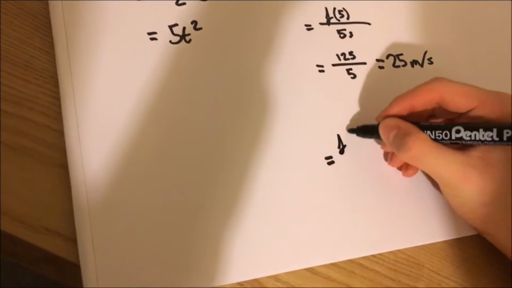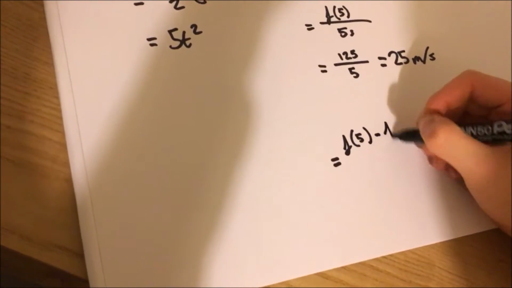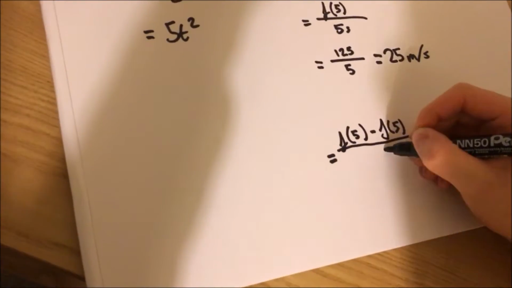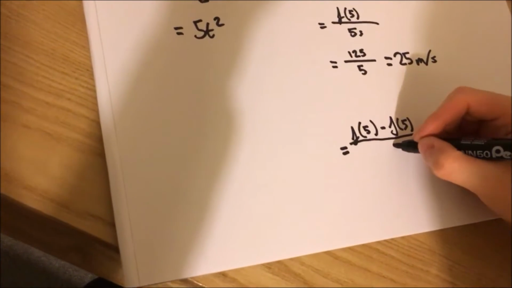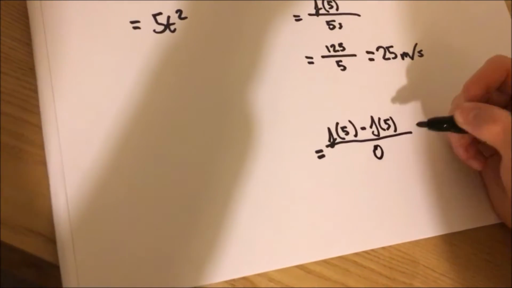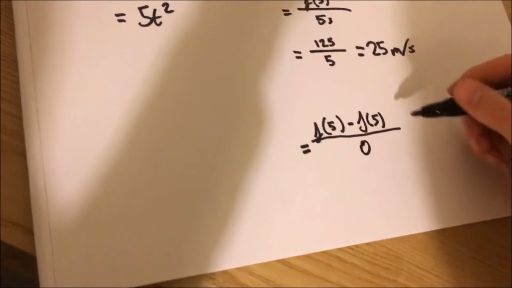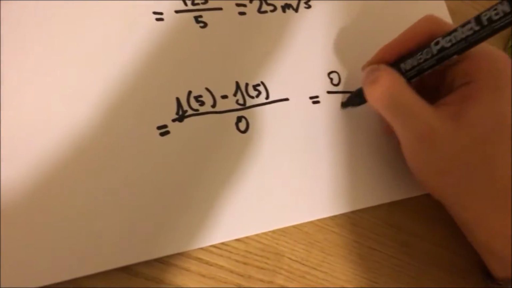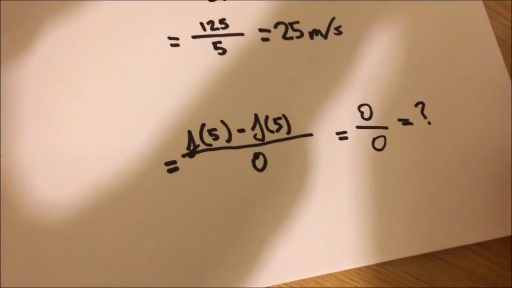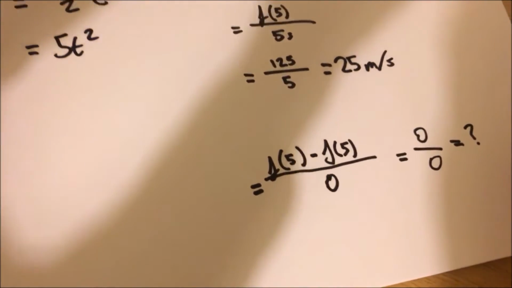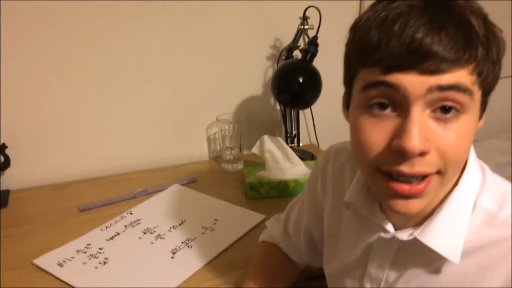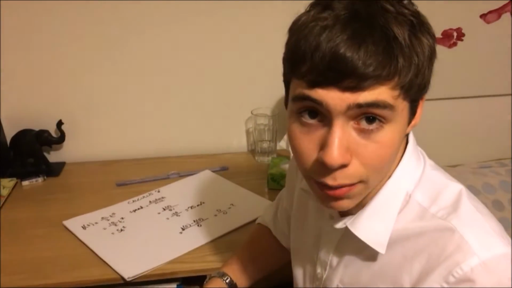It would be f of 5 subtract f of 5. And how much time has elapsed between 5 seconds and 5 seconds? Well, no time's elapsed. It's 5 minus 5, which gives us 0 divided by 0, which, oh, that's an issue. That's something we can't solve.